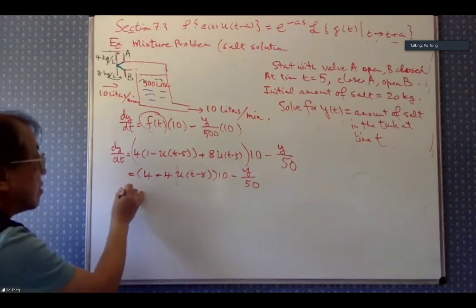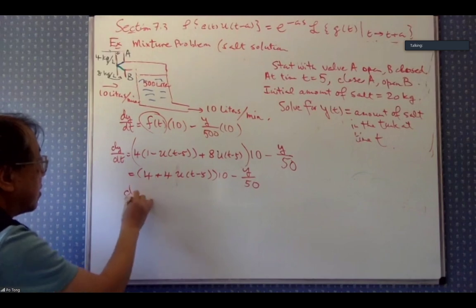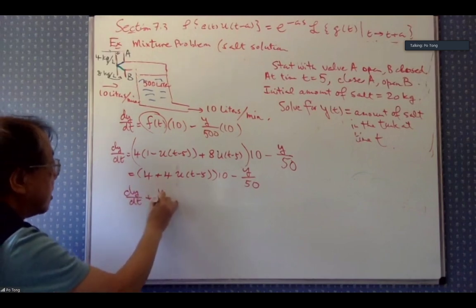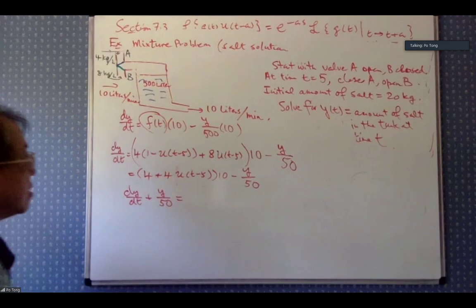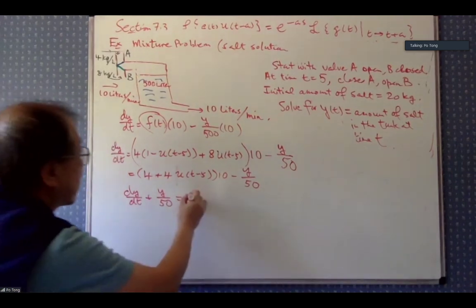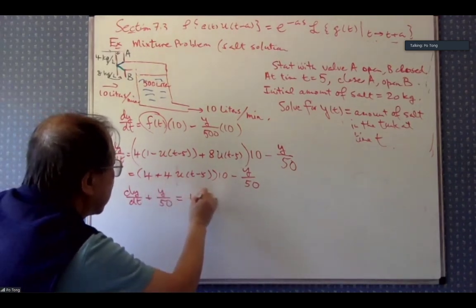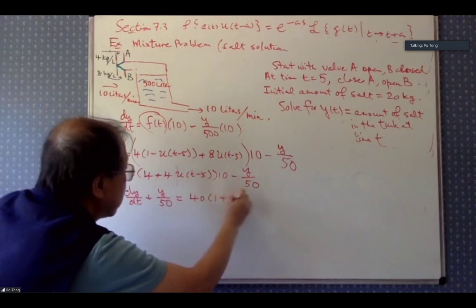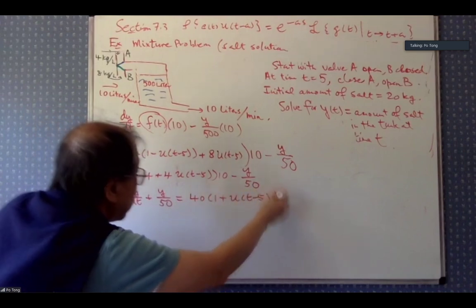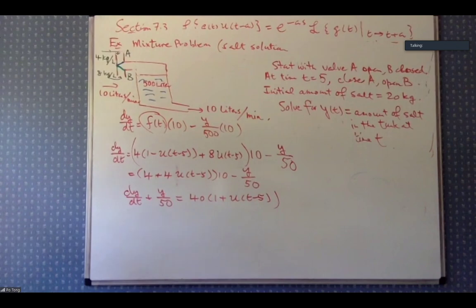So dy/dt plus y over 50 is equal to, 4 times 10 is 40, 1 plus u(t minus 5). Are we still okay?